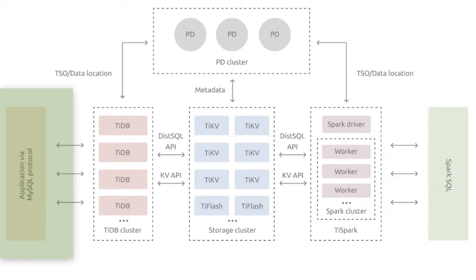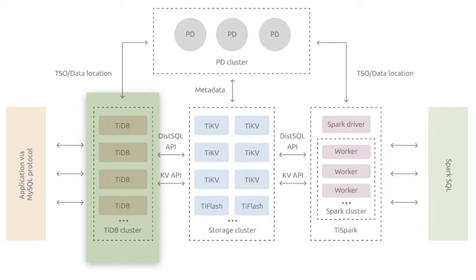You can use any MySQL driver or connector to connect to the database, then send the SQL command to TiDB. For example, you insert one record into TiDB, so you just send an insert statement to TiDB. Then our SQL layer, which we also call the TiDB node, will get the SQL command.